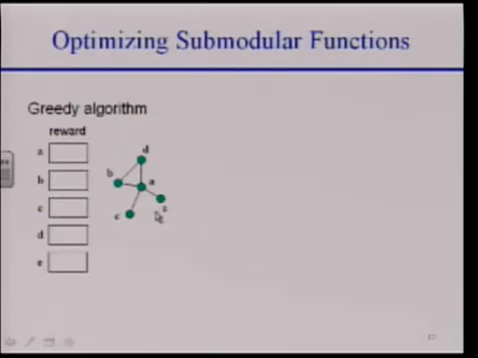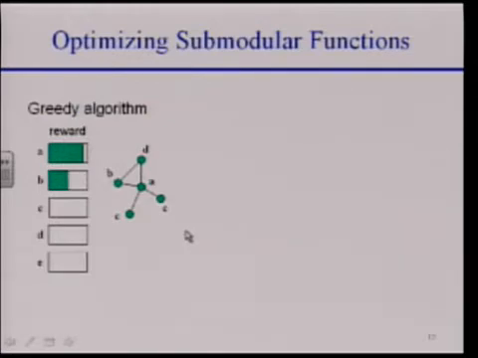Okay, so in this case, for instance, if you think about this is a graph where you have 5 nodes and 5 edges. And then, for instance, if you say, what node should I pick? You go first, compare which one gives you the best benefit. So for instance, this guy has 4 edges, that has the largest reward, then A is the best I should pick, so I just pick A. Okay?